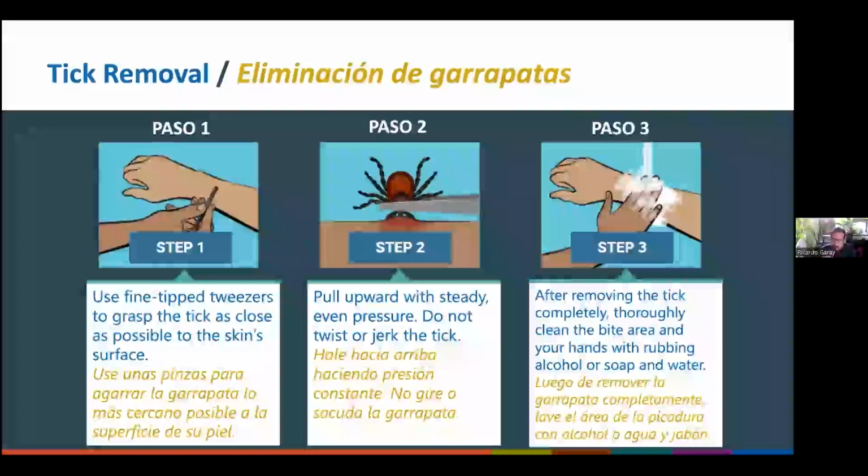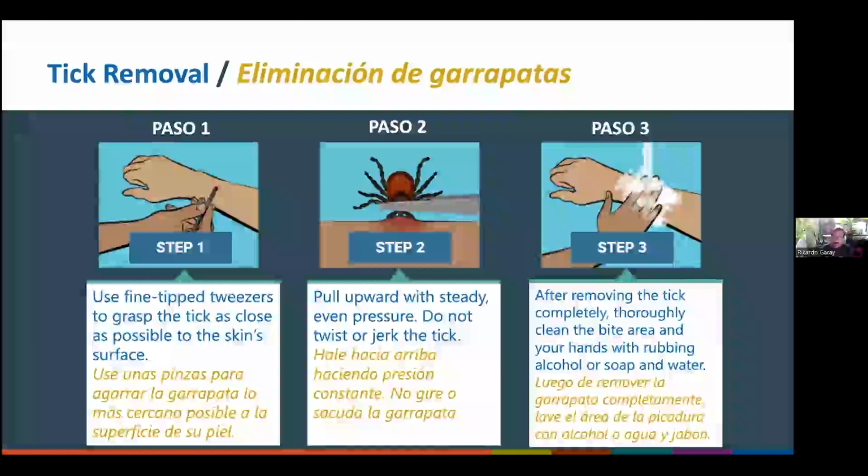So this is a very specific training, and this is a diagram that shows how we can remove these ticks. If we see that a tick has attached itself to our skin, it is important to use fine tip tweezers to grasp the tick as close as possible to the skin surface, and pull upward with steady, even pressure.